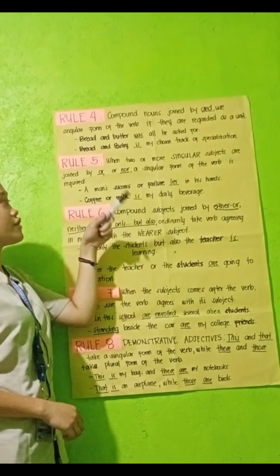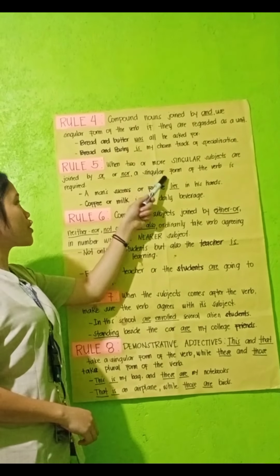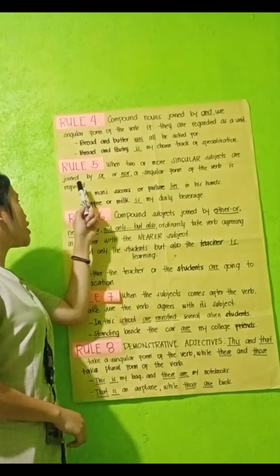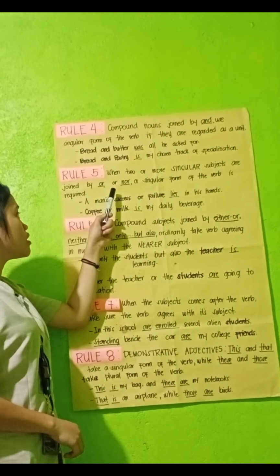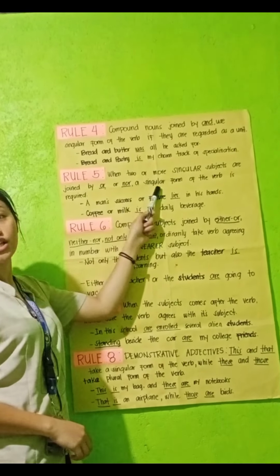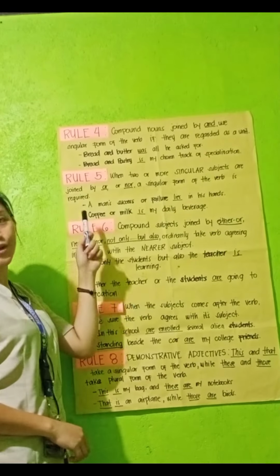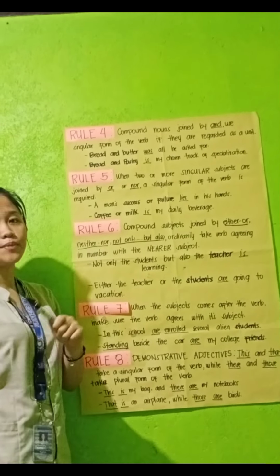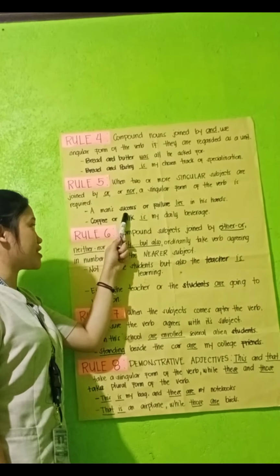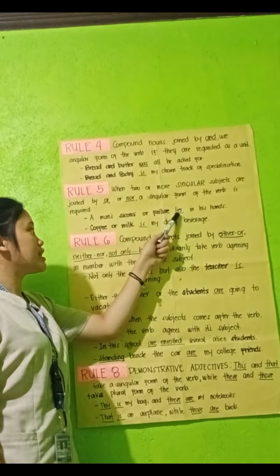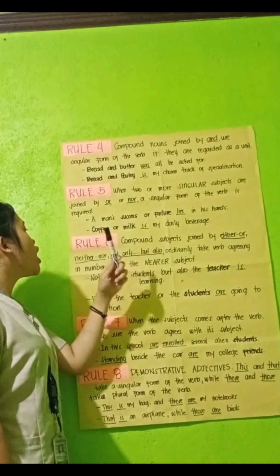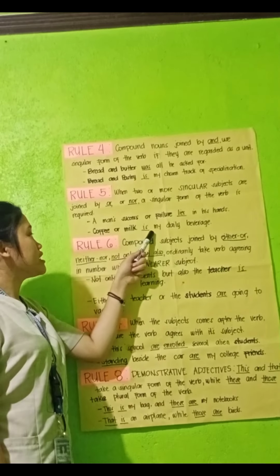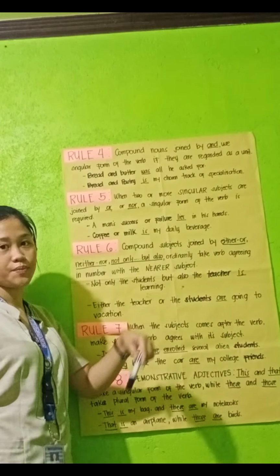Rule number 5. When two or more singular subjects are joined by or or nor, a singular form of the verb is required. For example, a man's success or failure lies in his hands. Coffee or milk is my daily beverage.